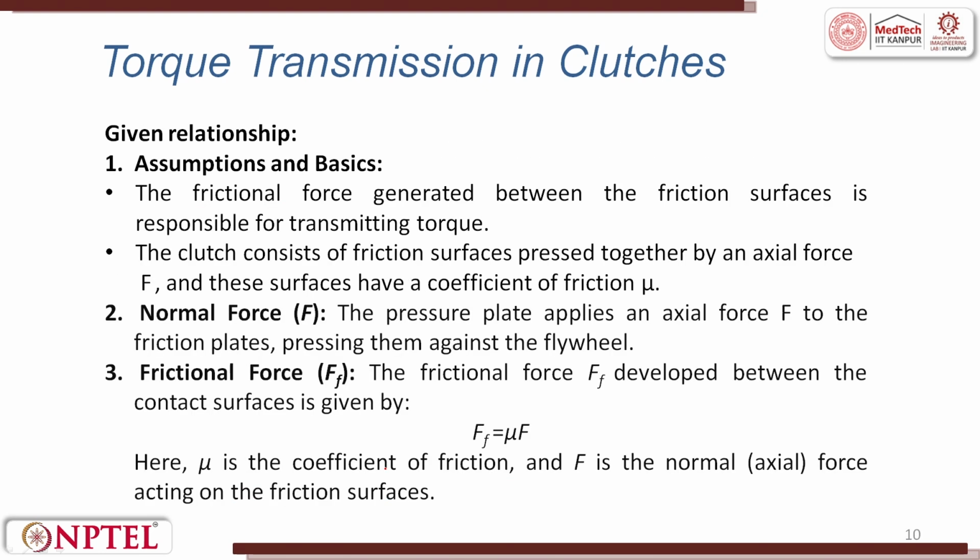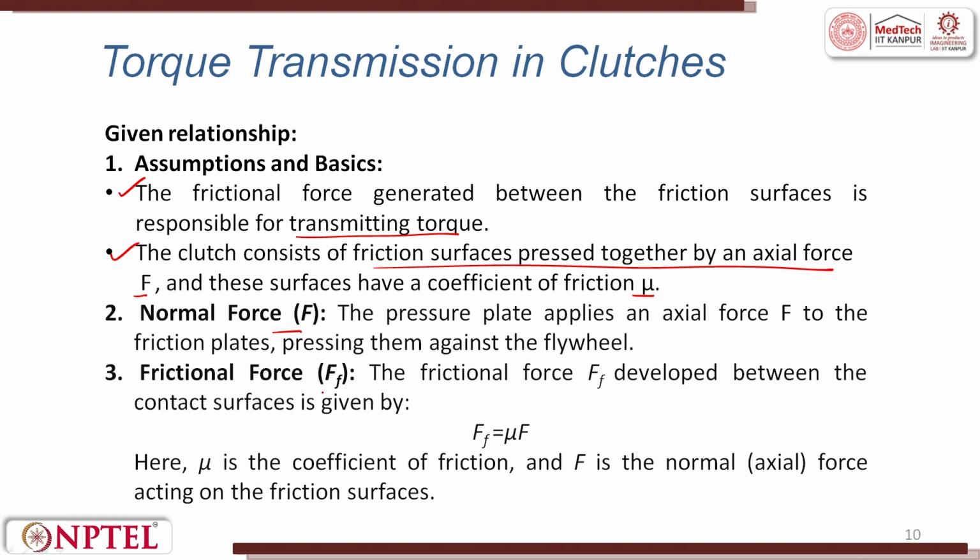In this relationship, there are certain assumptions and basics. Frictional force generated between the friction surfaces is responsible for transmitted torque. This is first. Second is, the clutch consists of friction surfaces pressed together by an axial force F, and these surfaces have coefficient of friction mu. Normal force: the pressure plate applies an axial force F to the friction plates, pressing them against the flywheel.